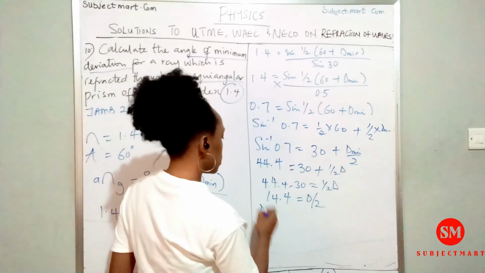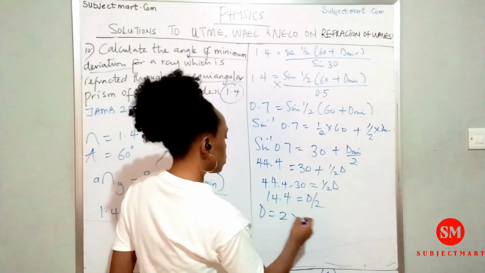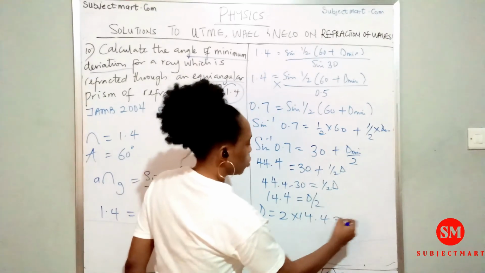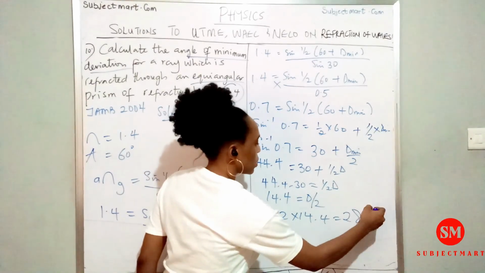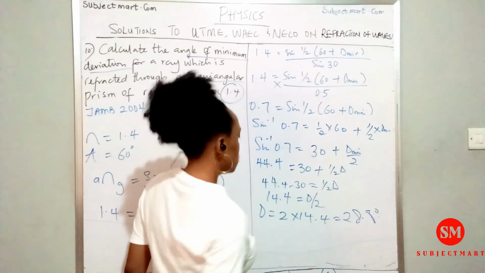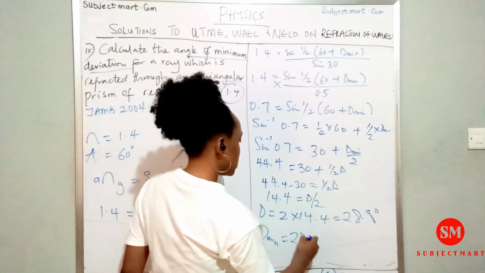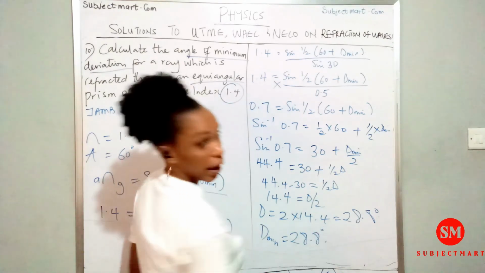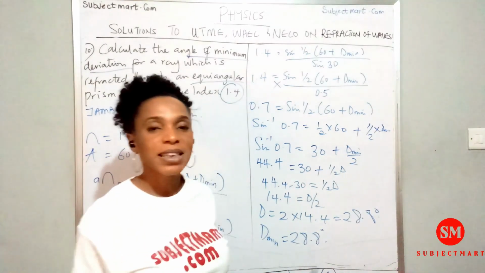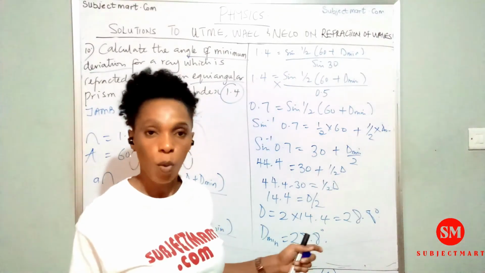So by the time I cross multiply again, I have 2 times 14.4, which equals 28.8 degrees. So my angle of minimum deviation is equal to 28.8 degrees. I believe that is very, very clear and well understood.